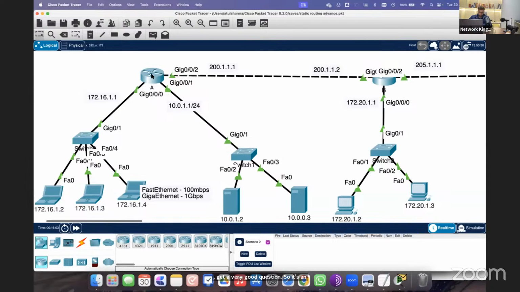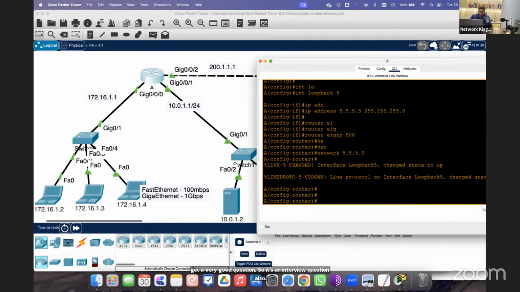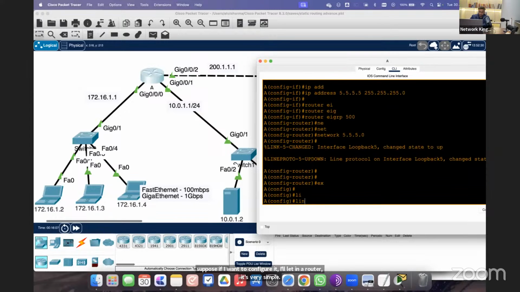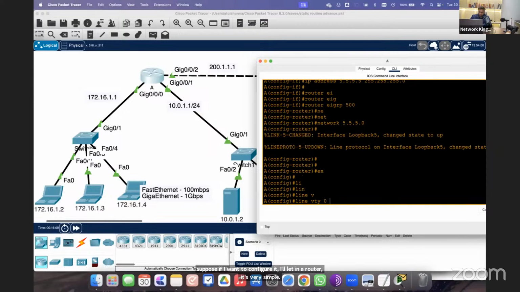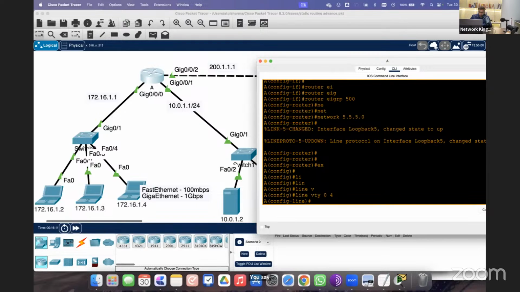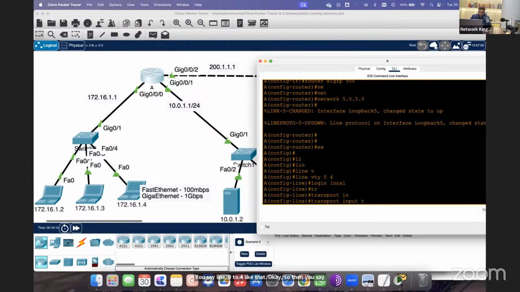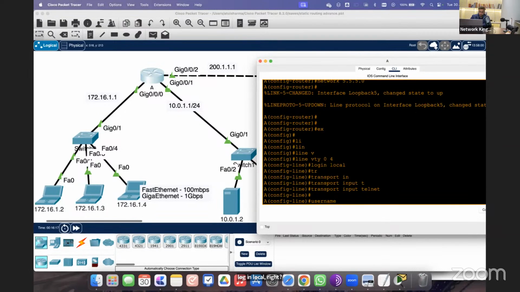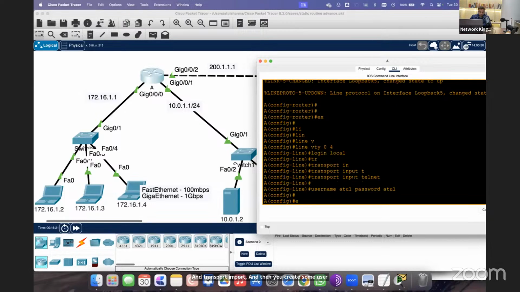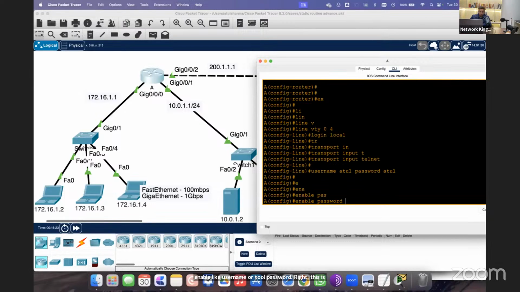So suppose I want to configure telnet in a router, it's very simple. You say line vty 0 4, then you say login local, right? And transport input telnet. And then you create some username, like username Atul, password Atul. Right? This is how you set up telnet and enable the password also.